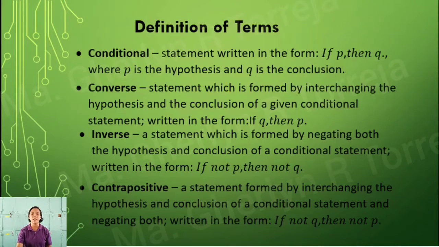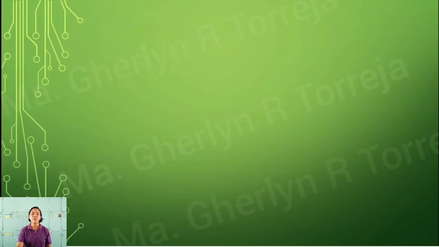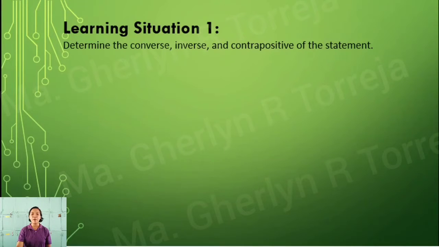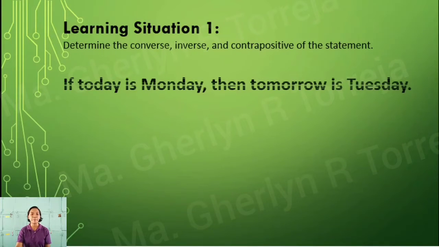Okay, let us now proceed with the first example, learning situation number 1. So, in this learning situation number 1, we are going to determine the converse, the inverse, and the contrapositive of the given conditional statement. So, what is our conditional statement?